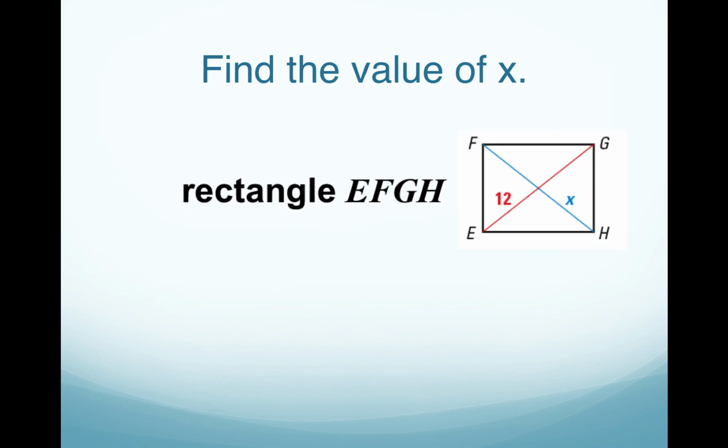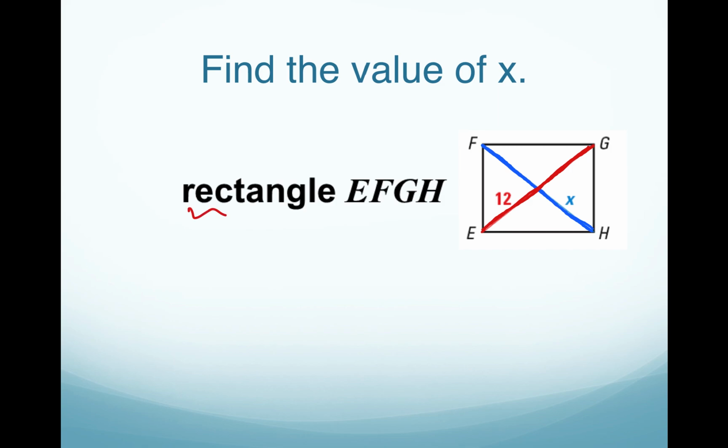Okay, rectangle EFGH. Find the value of x. The first thing to note is that when they say find the value of x, they're talking about this whole entire diagonal, not just that one segment, but the whole diagonal FH. The first thing I notice is that EG, that whole diagonal, which I'm highlighting in red, is 12.